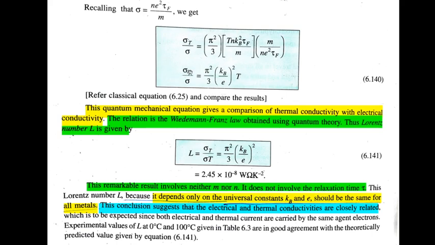So if I say the thermal conductivity upon electrical conductivity is directly proportional to the temperature, and this is a fabulous outcome, a relation which is referred to as the Wiedemann-Franz law.